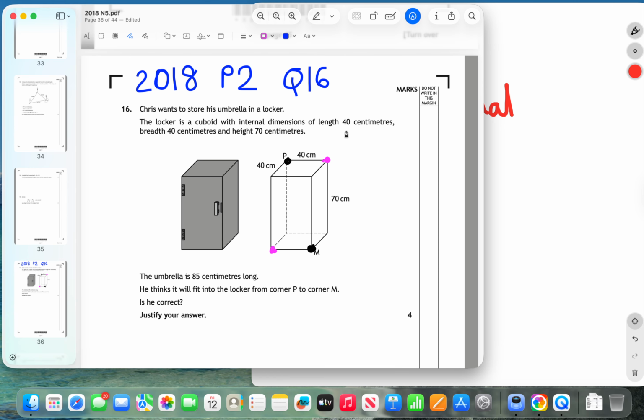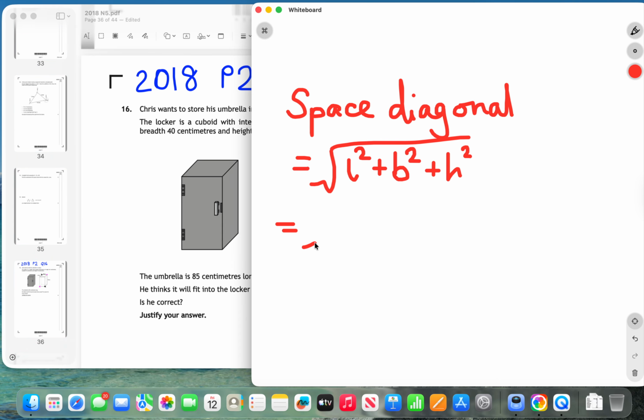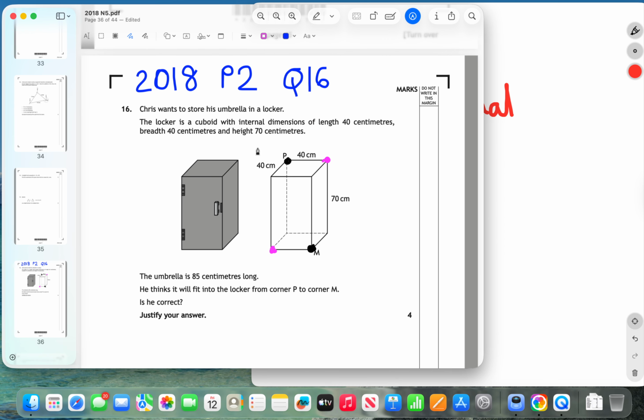So your length and your breadth are 40. Your height is 70.